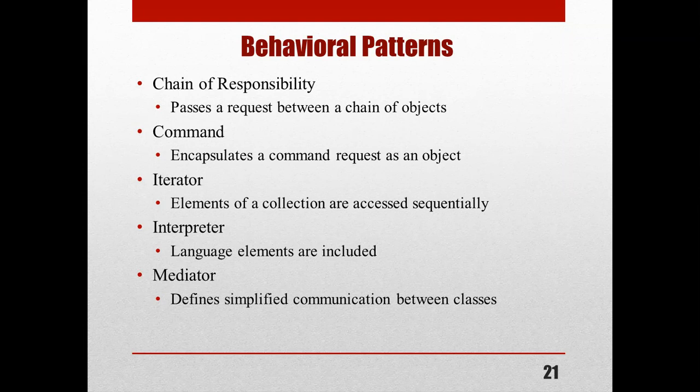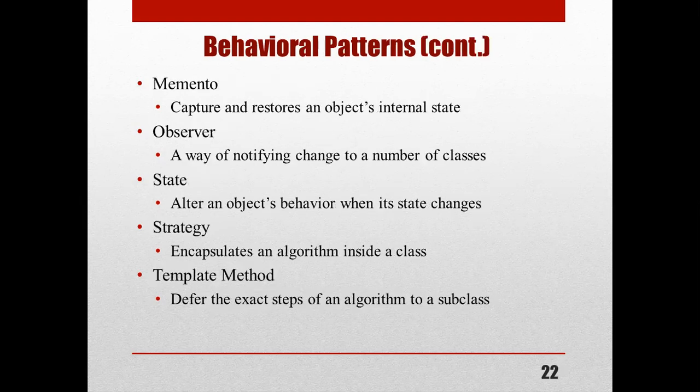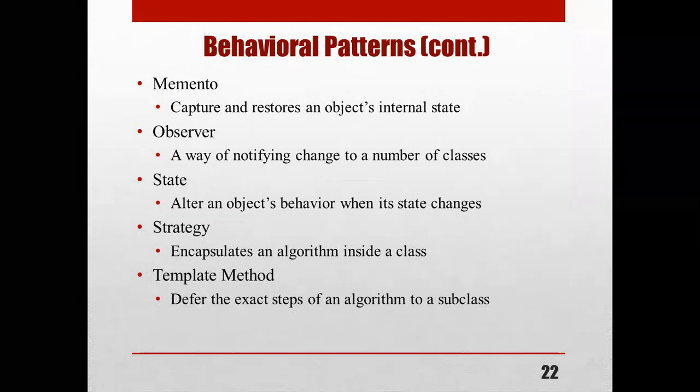Then interpreter: language elements are included in the interpreter. The mediator pattern defines simplified communication between classes. Memento captures and restores an object's internal state. Then the observer pattern, it is important: a way of notifying a change to a number of classes.